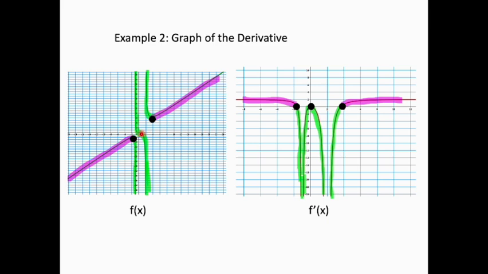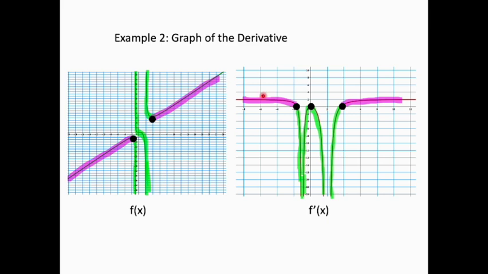The slope of the tangent line at that point is 0, but it's not a local max or min. But it should still come up here as a 0 because the slope is 0. So on the graph of the derivative, we would have that point where it crosses or touches the x-axis. So anywhere on the function that's highlighted in pink, that's increasing, on those intervals the derivative should be above the x-axis because it should be positive.